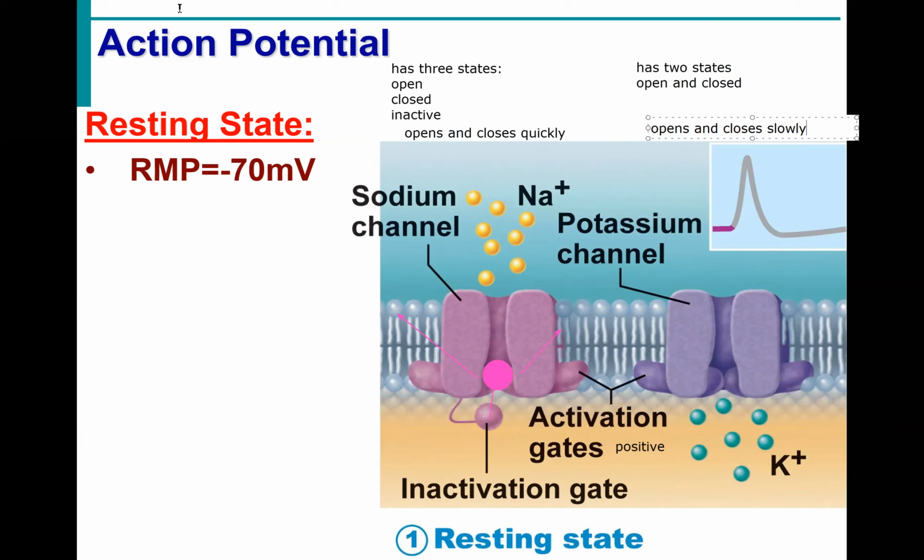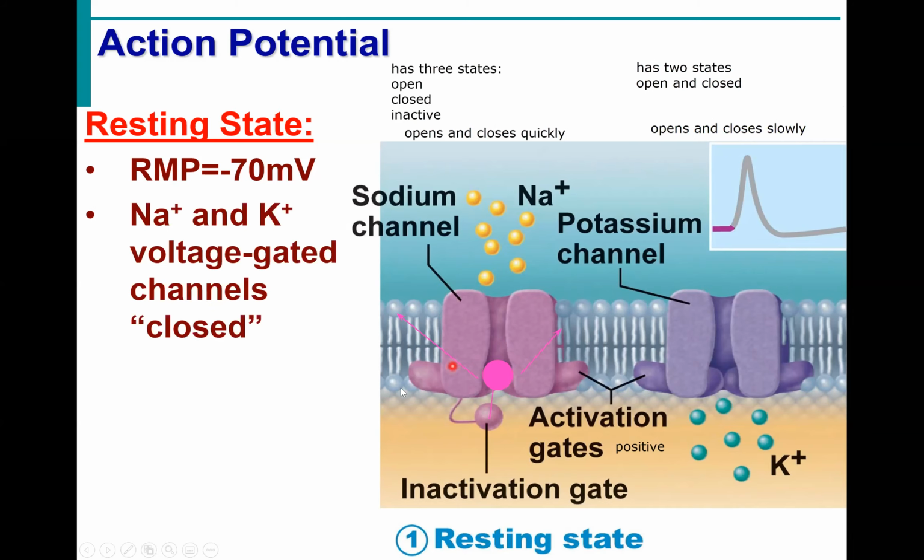All right. So notice here we have our resting state. We're at negative 70 millivolts. When we're at negative 70 millivolts, let's go ahead and erase all these drawings that I've done so there's no confusion. Both our voltage gated sodium and our voltage gated potassium channels are closed.